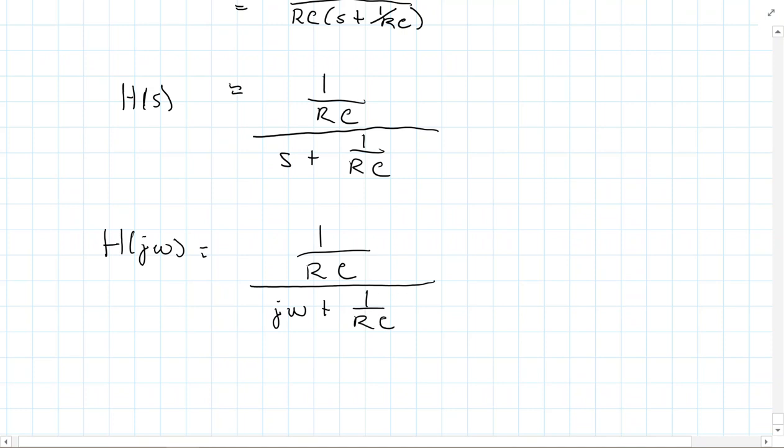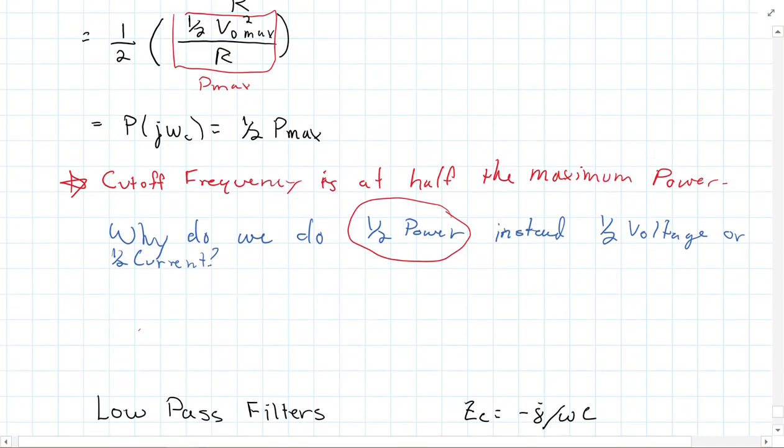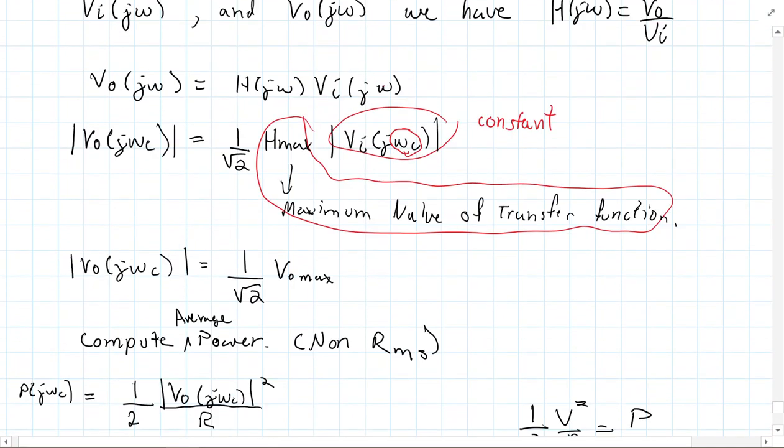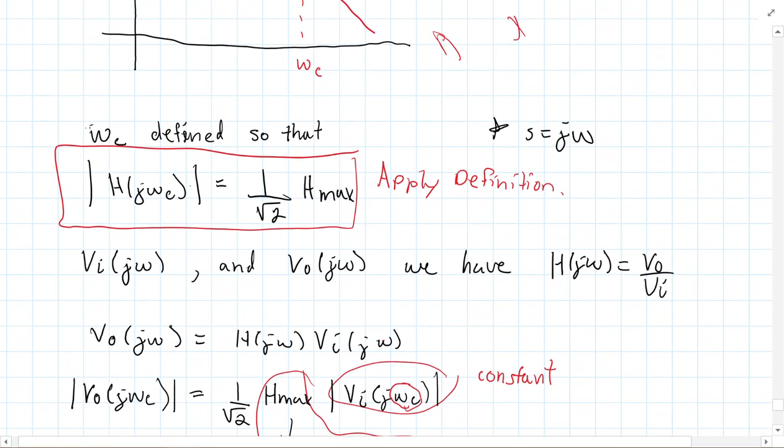Now let's remind ourselves, because I'm really wanting to look at the magnitude of H of j omega, because that's my definition for cutoff frequency. Let me scroll back up here. Remember my definition for cutoff frequency.